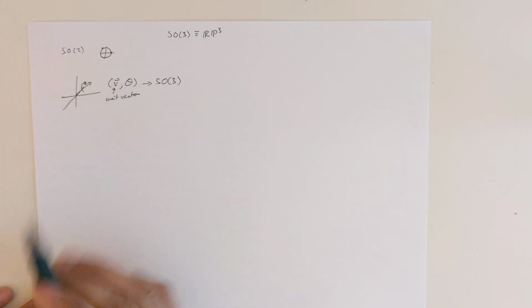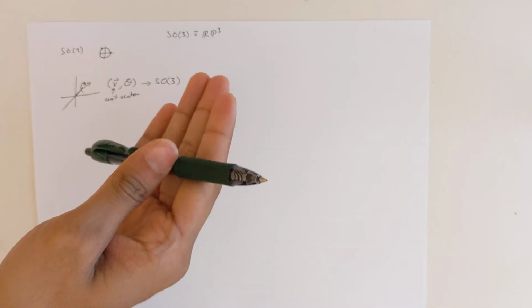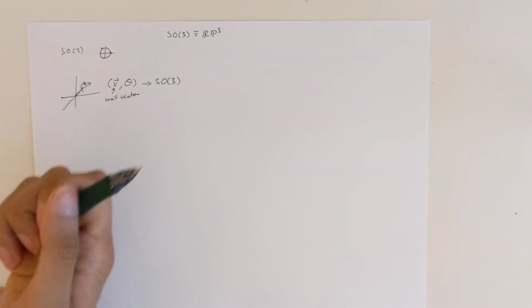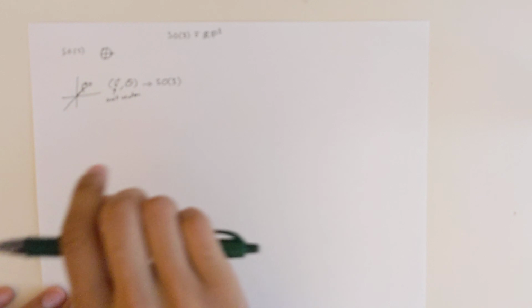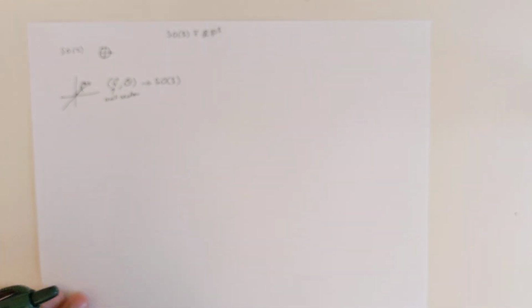And your angle theta, you can rotate from 0 to 2 pi, right? But what you can do is say, okay, if I'm going to rotate from 0 to pi, in other words, from the stationary position to 180 degrees, I'll consider this vector. But if I'm going to rotate more than 180 degrees, then something more than 180 degrees in this direction is the same as something less than 180 degrees in the opposite direction.